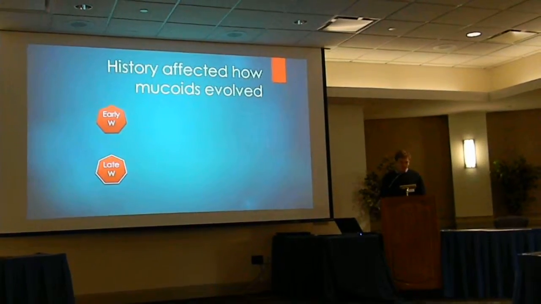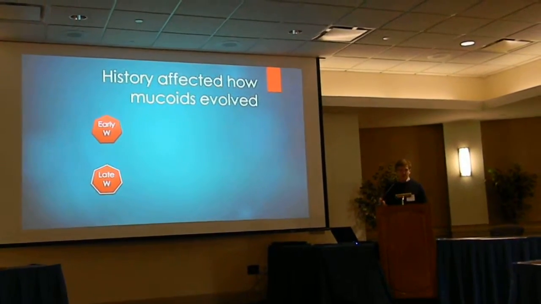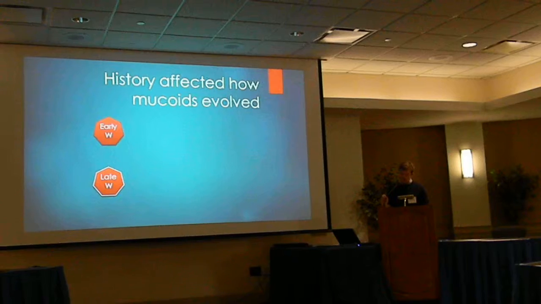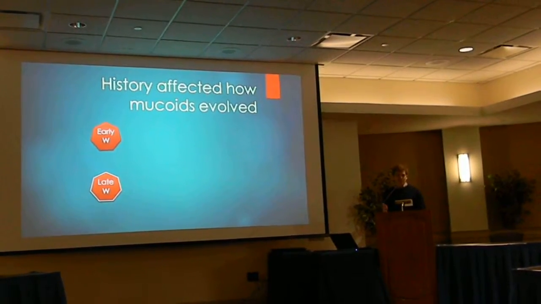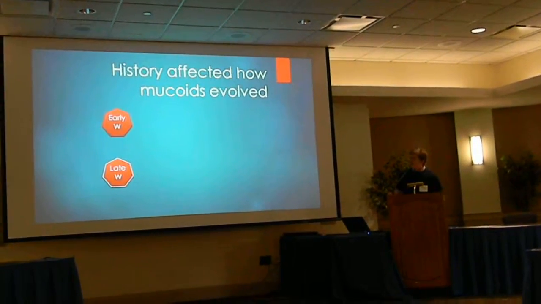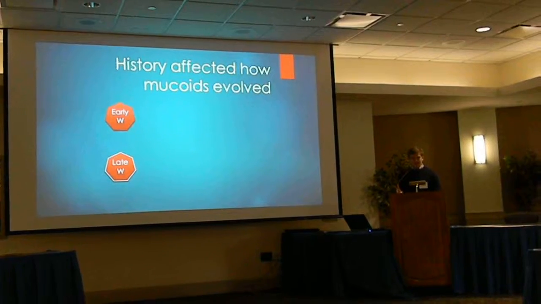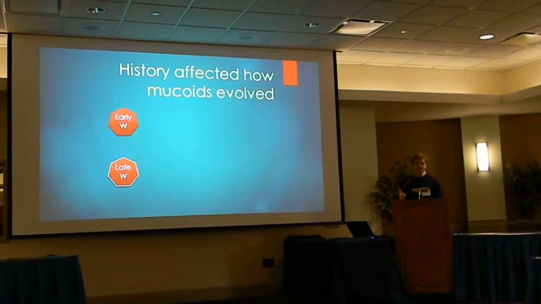So I talked a little bit about genetics before, and we were able to sequence 27 of 51 representative mucoids. And this is a pretty big deal because 5 to 10 years ago, this would not have been possible, right? And what we found is that there are 2 distinct pathways to become mucoid based on your evolutionary history.